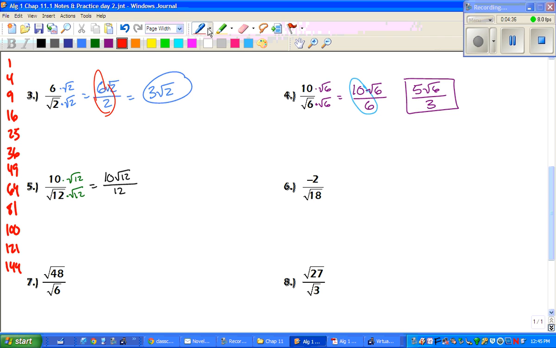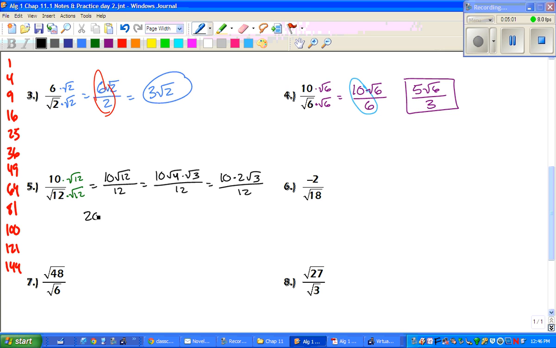All right, we are going to break down the 12 into 4 times 3 over 12. The square root of 4 is 2. That's the only thing that changed.